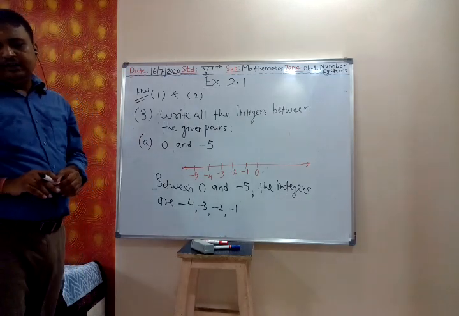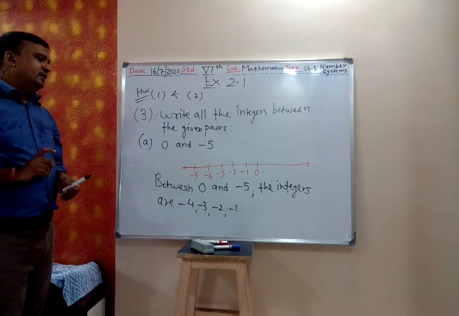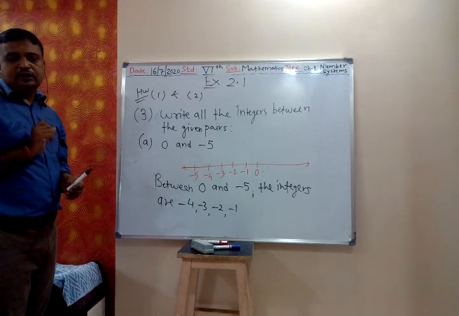They are the integers between 0 and minus 5.